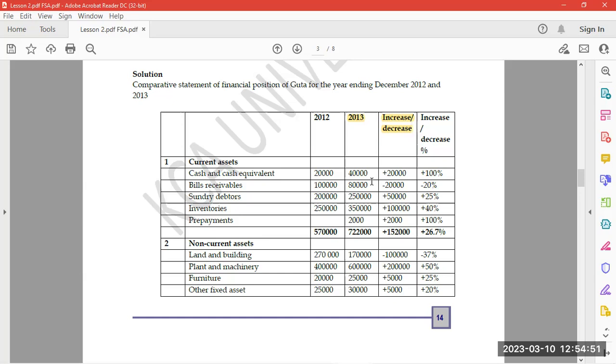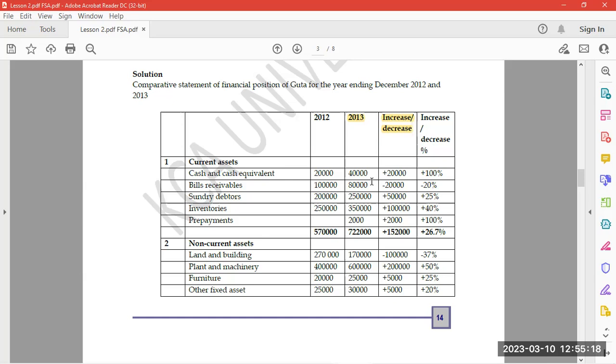So let's work that out. You can take 40,000 minus 20,000, that will give you 20,000. 20,000 divided by 20,000, which is 1, times 100, you are going to get 100%. And here we have 100%.